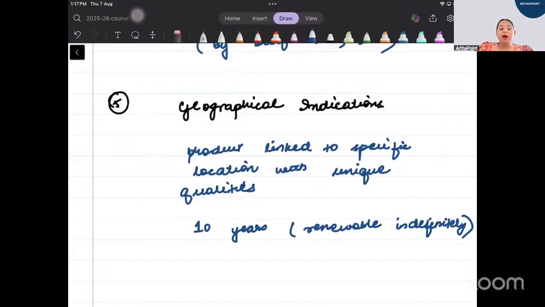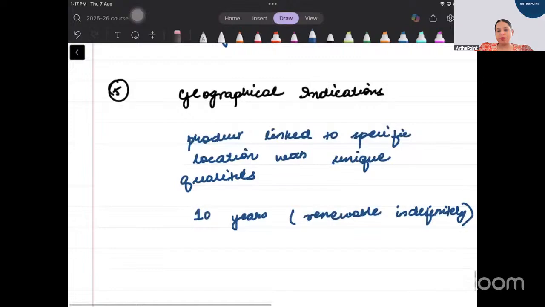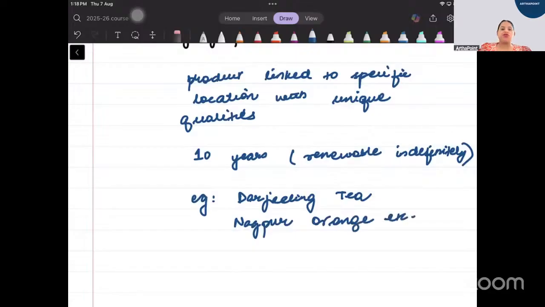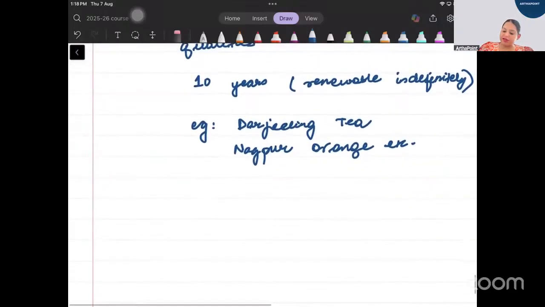So you are linking a product to a particular place. Example, Darjeeling tea, Nagpur orange, etc. Okay. Then the next one that we have is called plant variety protection.